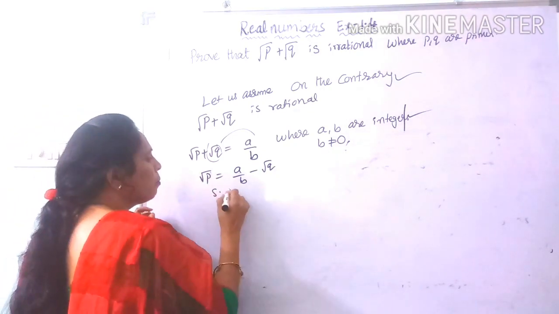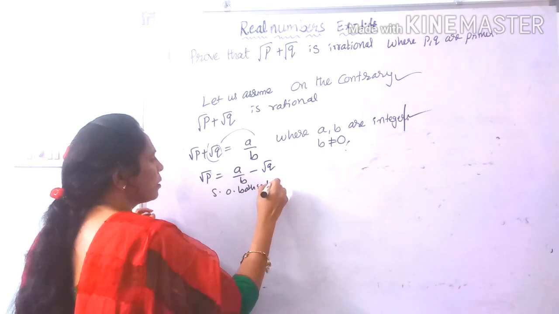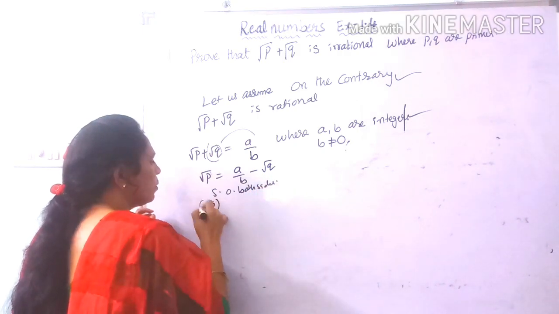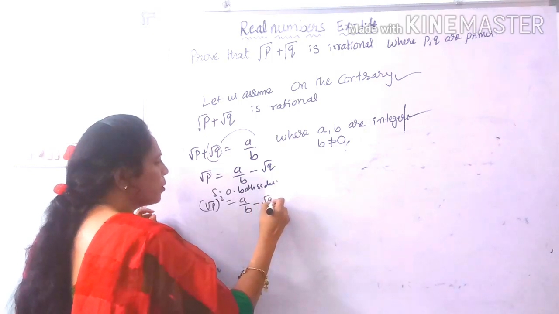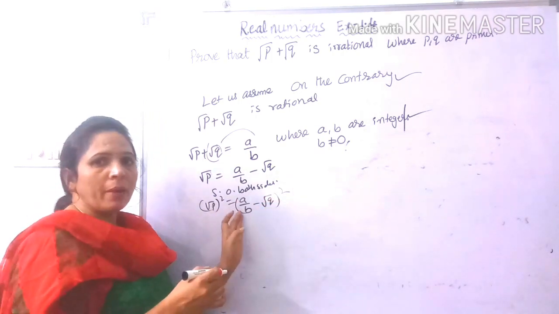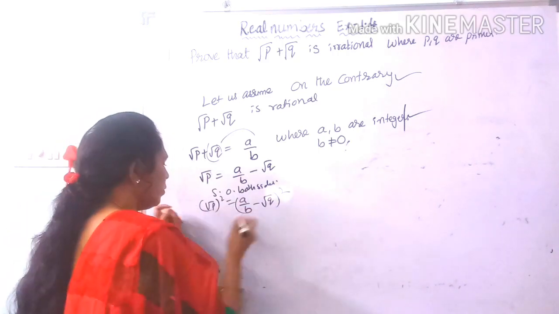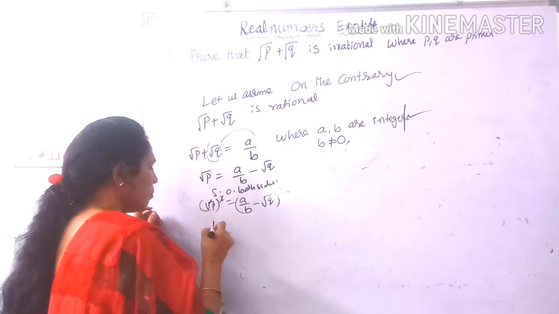Squaring on both sides. Root p whole square is equal to a by b minus root q whole square. We should expand using a minus b whole square, which we have known. So root and square will cancel.